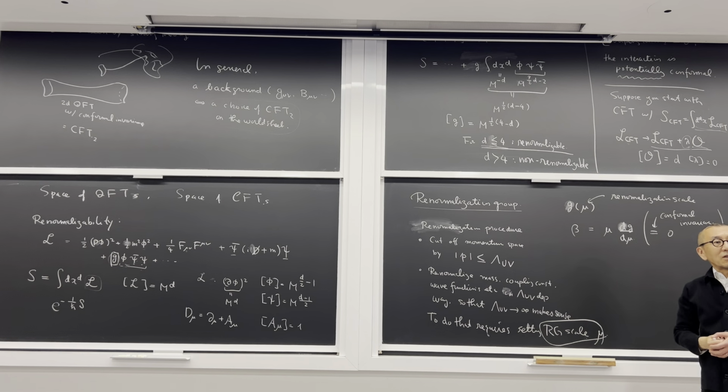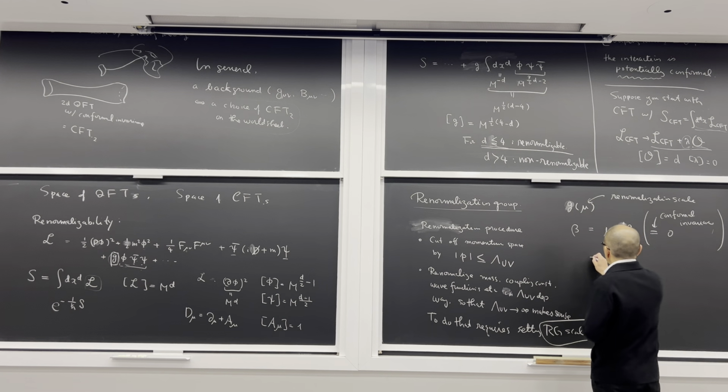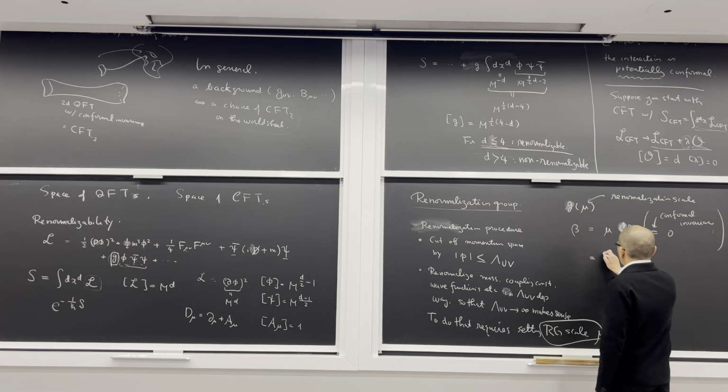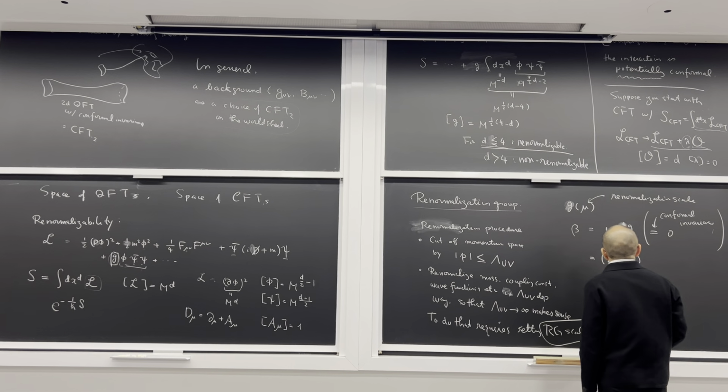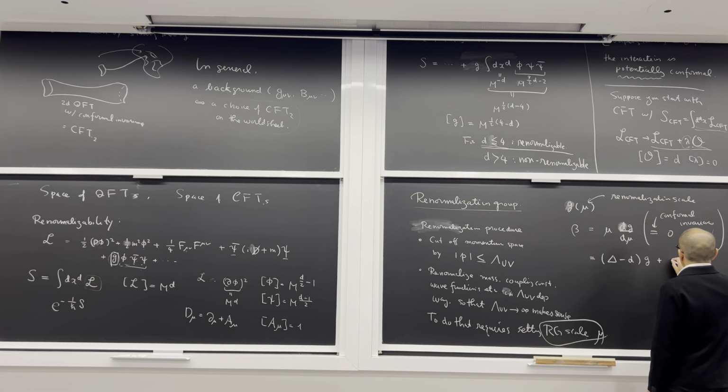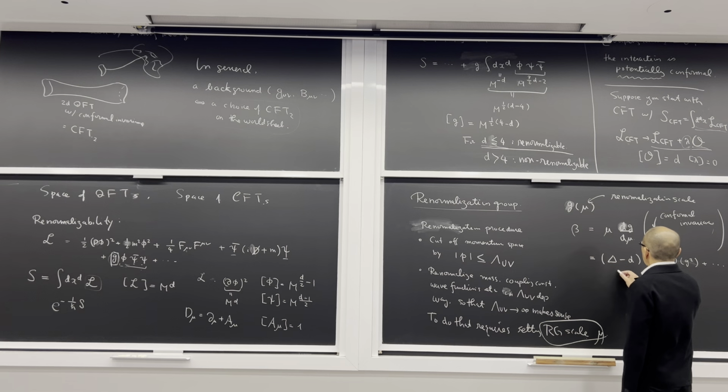And so you can calculate this in perturbative expansion. The leading term is proportional to delta minus d times g. But this does not end here, and there are some higher order terms, something like order g squared, etc. So what is this?